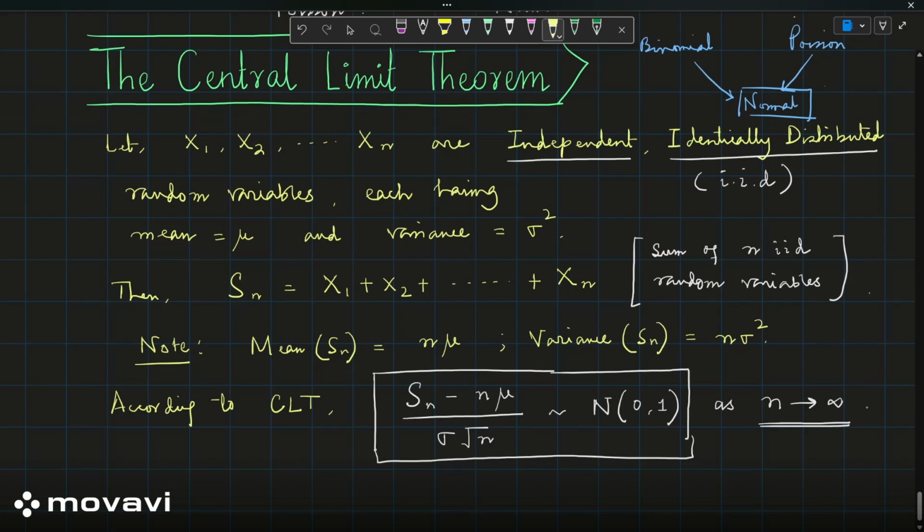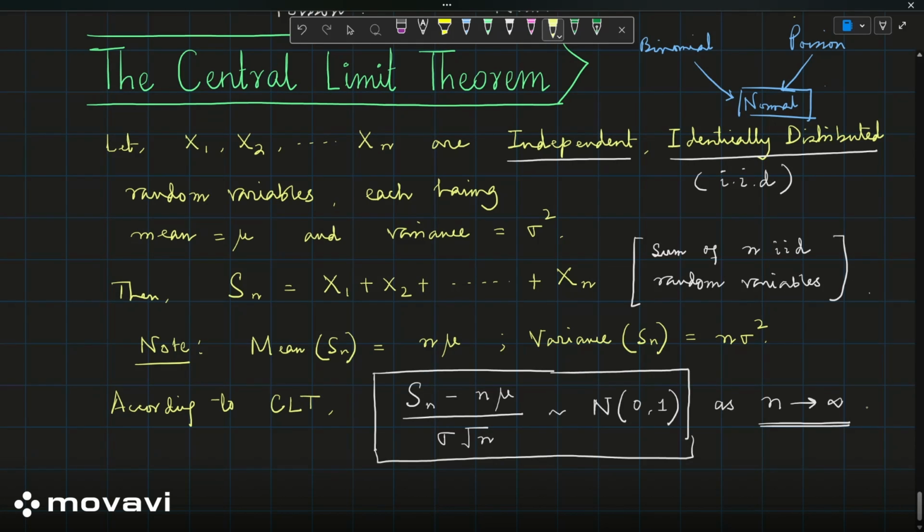There is a reason why I am saying that the central limit theorem is the most important theorem in all of statistics and in the data realm. Because the central limit theorem reveals a hidden order in apparent randomness. So notice that these x1, x2, up to xn, these random variables, I have said are identically distributed and independent.